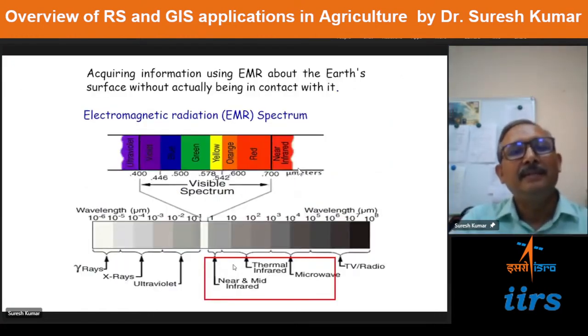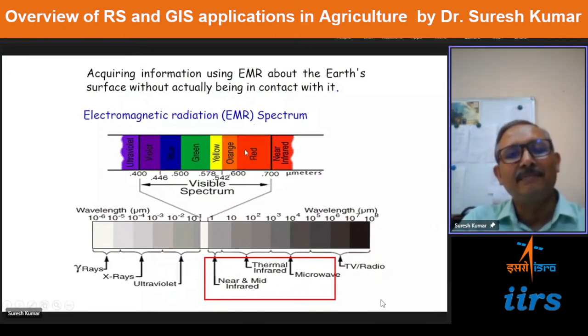When we talk about remote sensing technology, it is obtaining reflectance data or emitted radiation, and we are using electromagnetic radiation. You see the electromagnetic radiation, the visual wavelength is shown here, 0.4 to 0.7 micrometer, shown as blue, green, red.